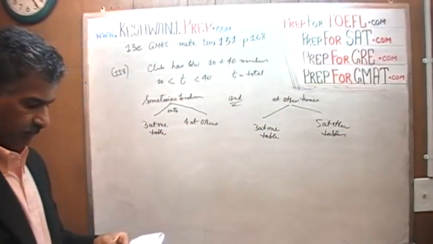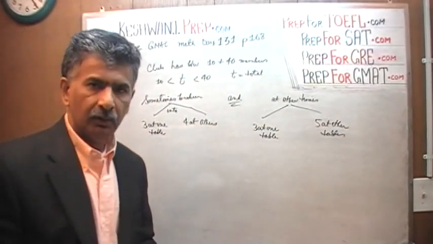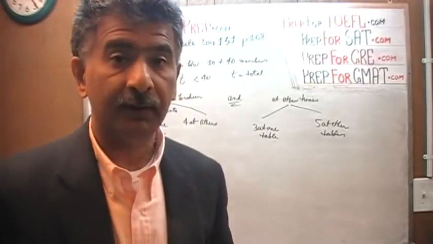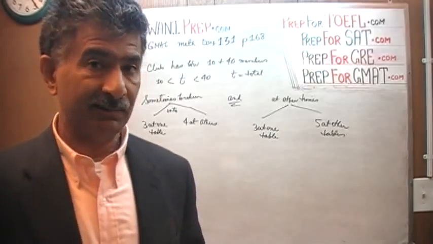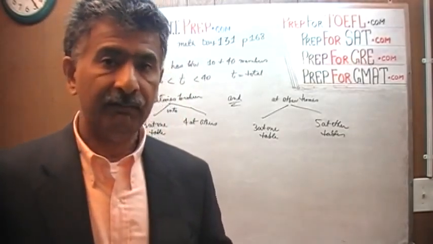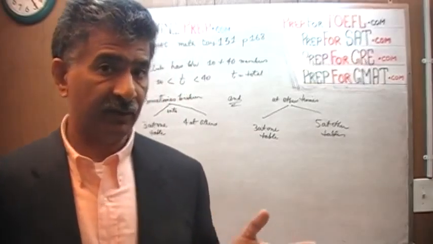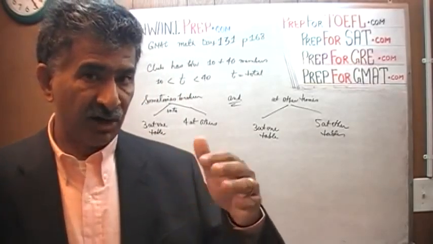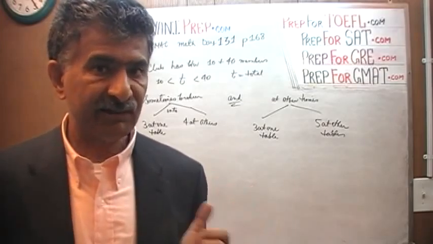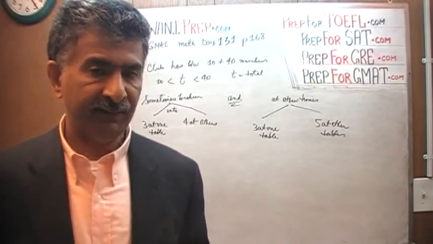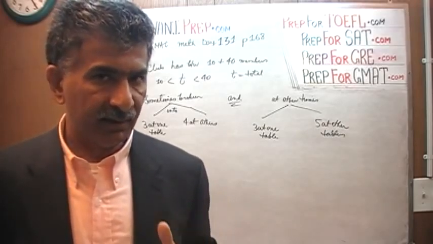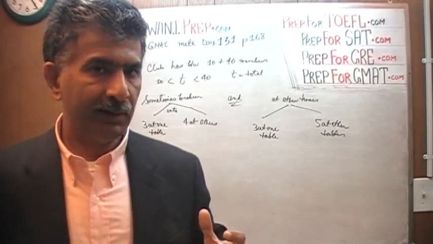The question is very simple. The question simply is, what is the total number of members? Actually, that's not the question. They go on to ask us something else. What they're asking is, if in the third scenario you have larger tables where each can accommodate as many as 6 people, how would the arrangement end up?